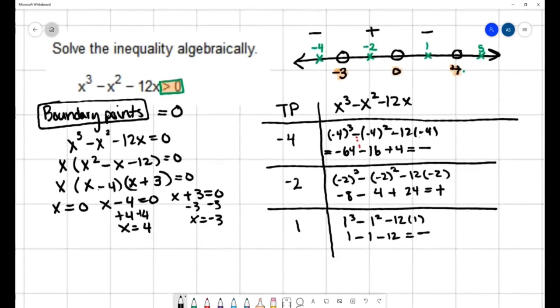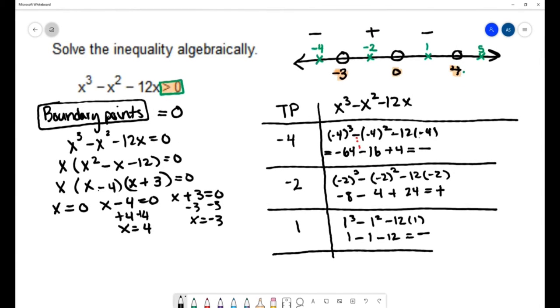So the final test point is 5. We have 5 cubed minus 5 squared minus 12 times 5. So 5 cubed is 125, minus 5 squared, minus 12 times 5.